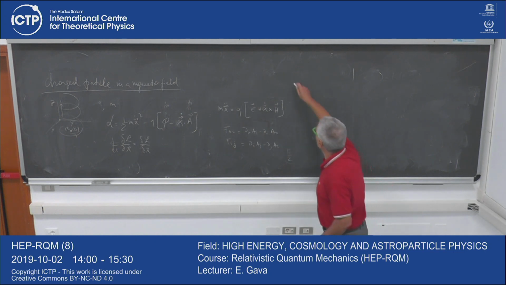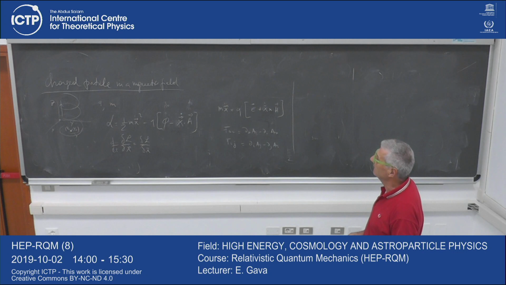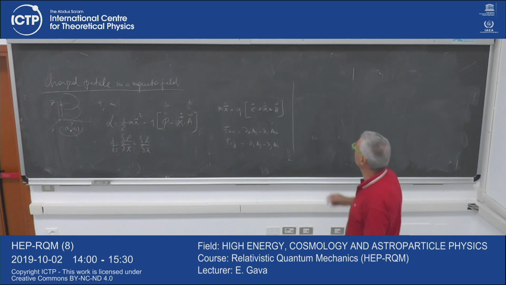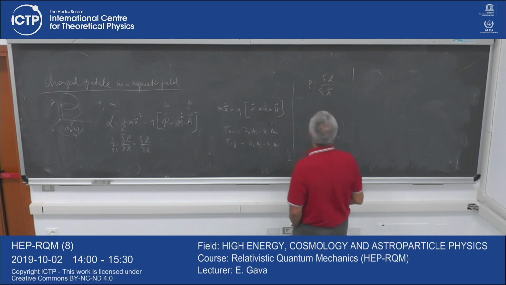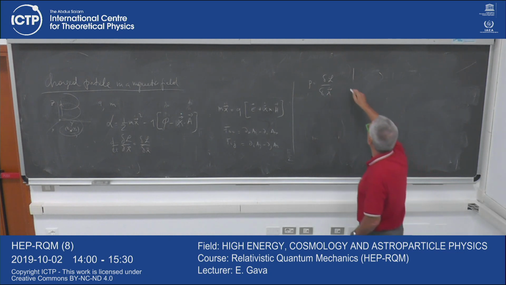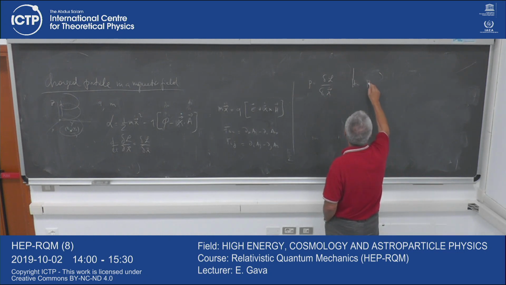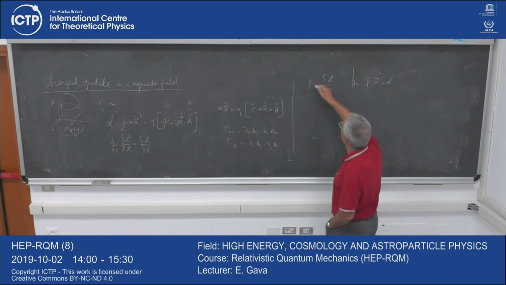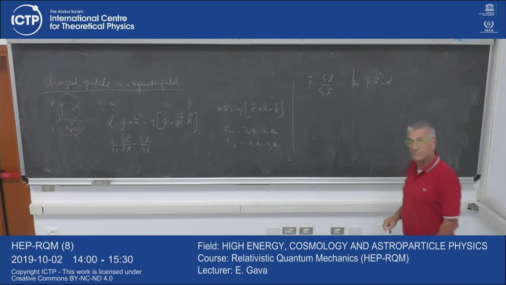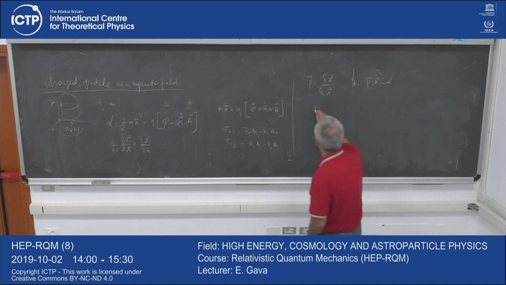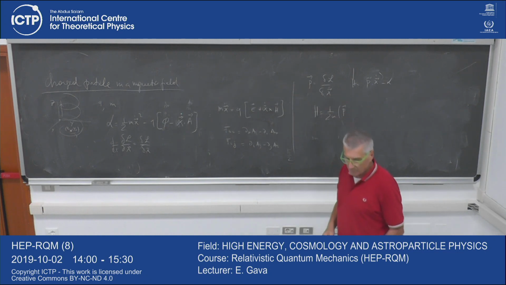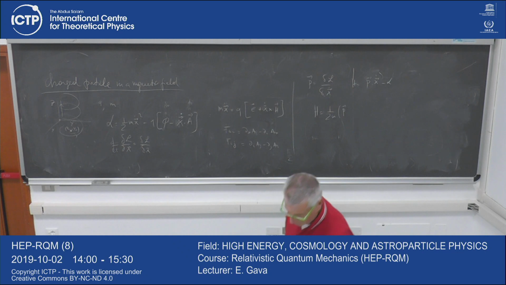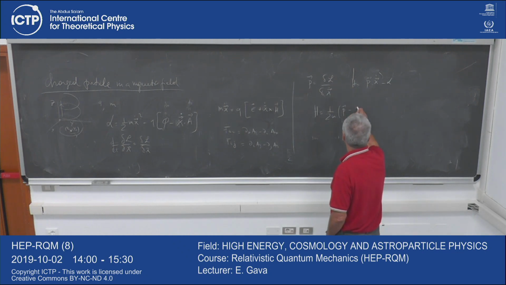So this is the Lagrangian. From the Lagrangian you can derive the Hamiltonian in the usual way. First derive the momenta, P is dL over d x dot. Then apply the usual rule, P x dot minus L, express everything in terms of the momenta, and you find the Hamiltonian. Once you do that, it is 1 over 2m times P minus Q A squared.